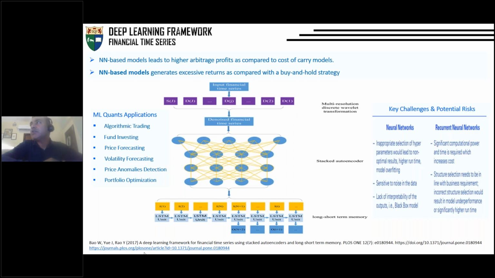Then last but not the least is the big space of portfolio optimization: how to make asset allocation decisions, how to balance the weights you have in different asset classes, or how to dynamically rebalance your portfolio with changing market conditions, under different market microstructures or scenarios.